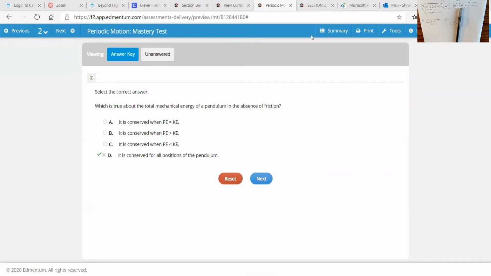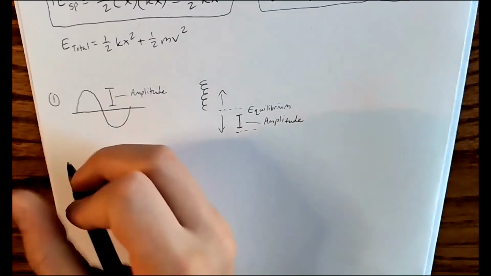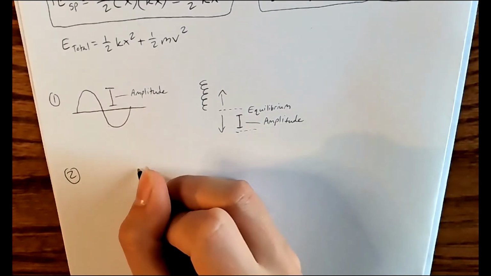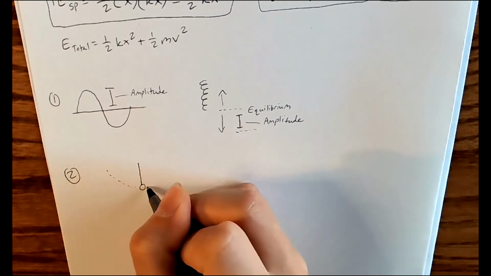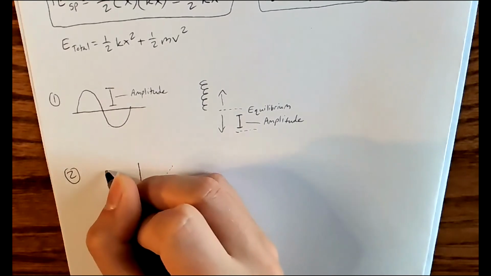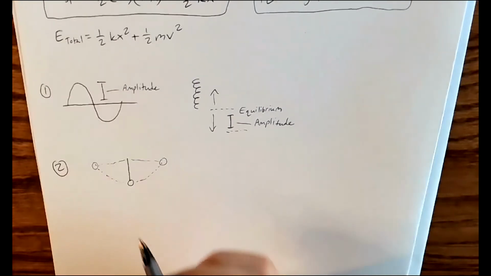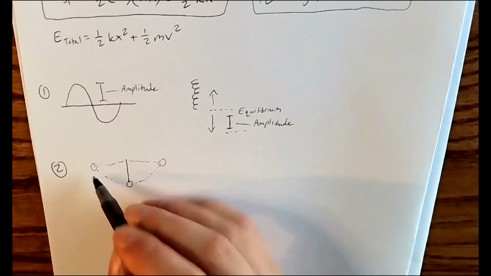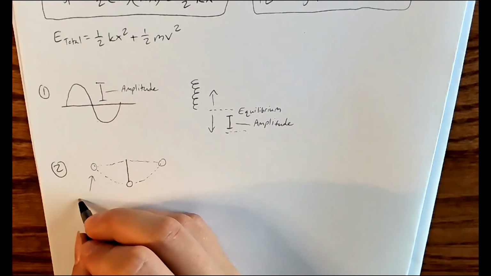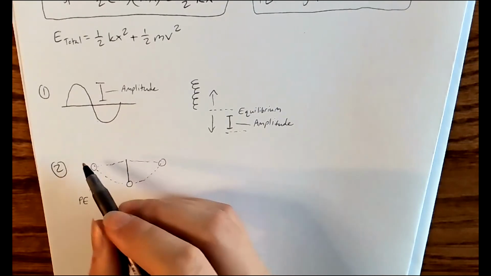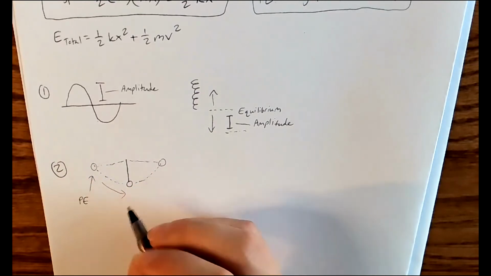To show you what that means, I'll go for number 2. Let's say there's a pendulum and it's swinging. So here, all of the energy is converted into potential energy. But then as it drops, it's here.